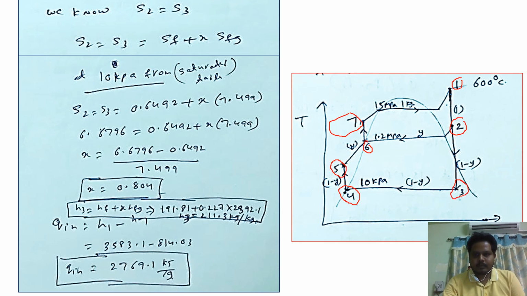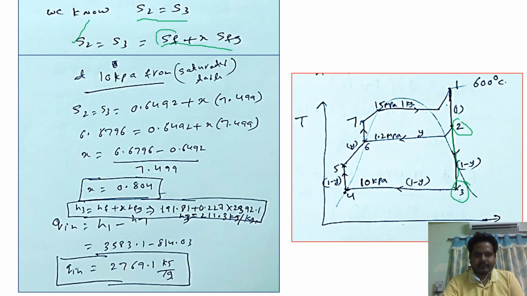If you look at the TS diagram, the process 2 to 3 is the isentropic expansion process. So we can write S2 equals S3. To find the enthalpy at point 3, we use S2 equals S3 equals SF plus X SFG.